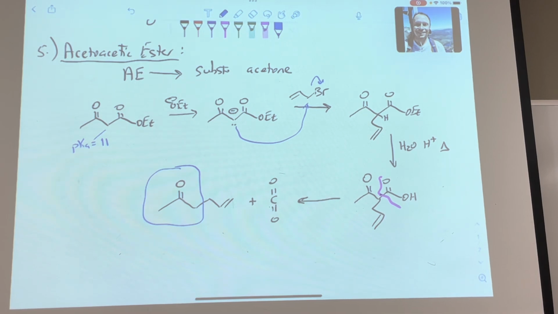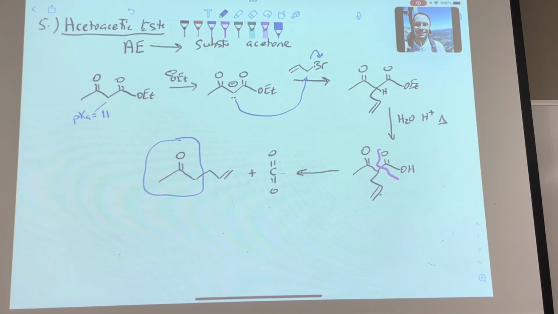Now, these reactions are pretty cool because they not only allow you to make simple substituted acetic acid, substituted acetone derivatives, they also give you the ability to make a rather unique type of structure that I'll illustrate right here.